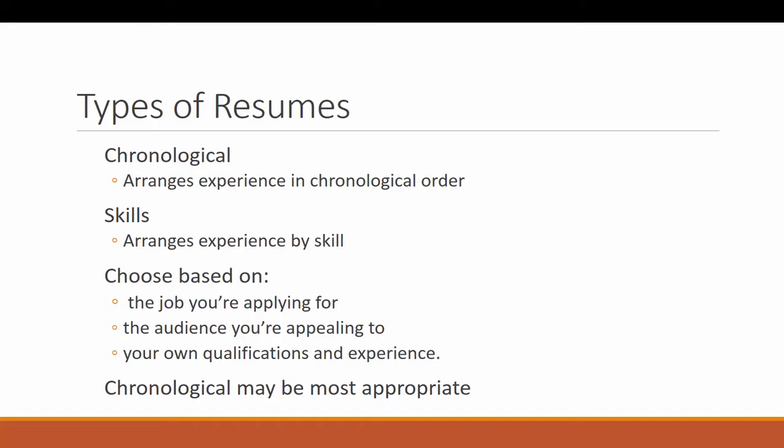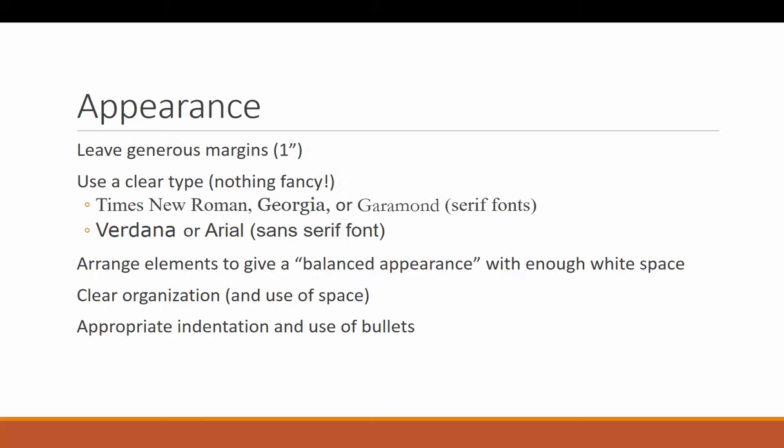Whereas for those of you who do have a lot of relevant experience and perhaps are coming back and getting a degree, to provide formal education to back up the experience you already have, you will find that the skills or functional resume is the most appropriate. So choose carefully based on your own experience.